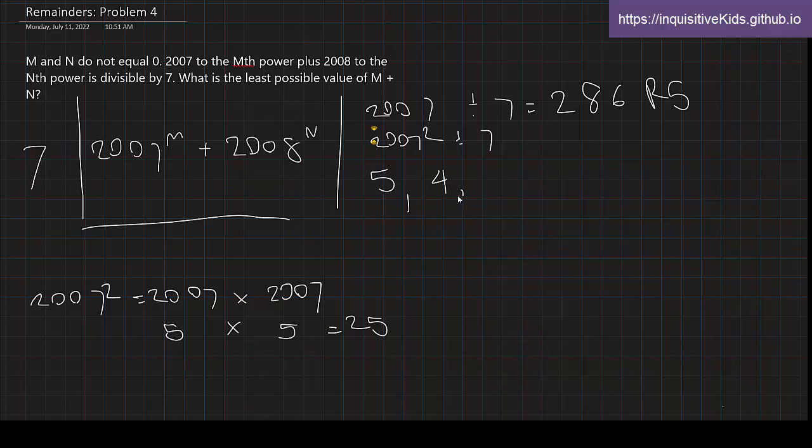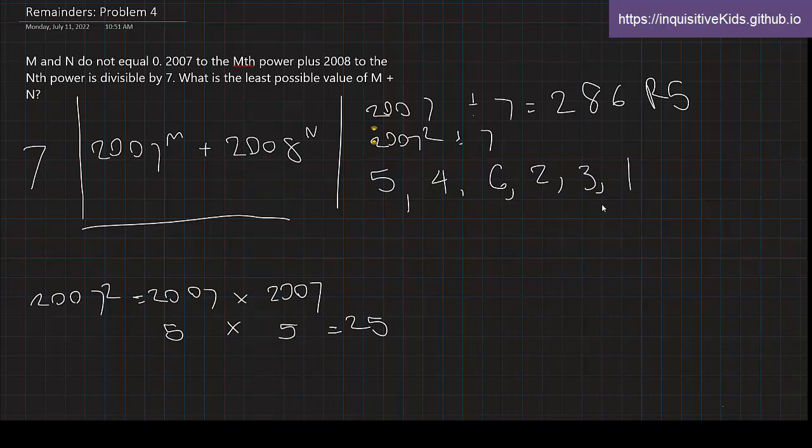Now we just multiply 5 to every last remainder that we get until we get that repetition. So 20, and that would be 6, 30, and that would be 2, 3, and 3 times 5, that's 15, and that would be 1.